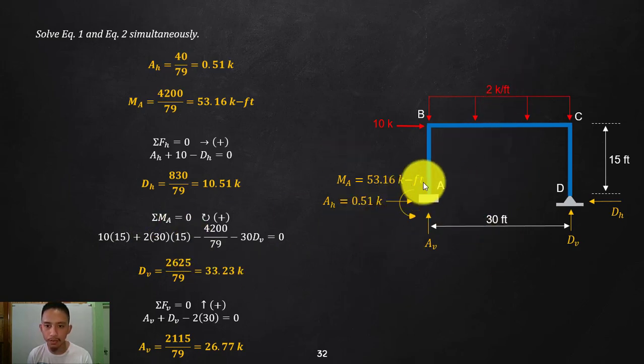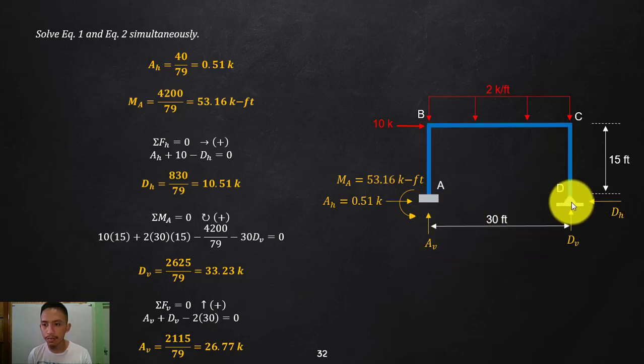And then your moment, which is negative since that is counterclockwise, but I will be using the whole number, 4200 over 79, negative. And then the moment of your unknown DB, which is counterclockwise, negative. Moment arm is 30 times that unknown DB. So solving that, DB is 2625 over 79, or approximately 33.23 kips.